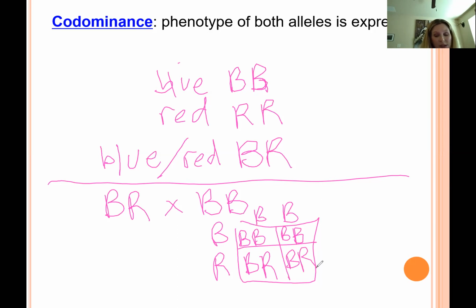Cool. Looks like 50% are going to be all blue and 50% are going to be patchwork. What is the probability of having fish with red scales? 0. What is the probability of having fish with patchwork scales? 50%. Okay, so be sure to email me if you're having problems with this.